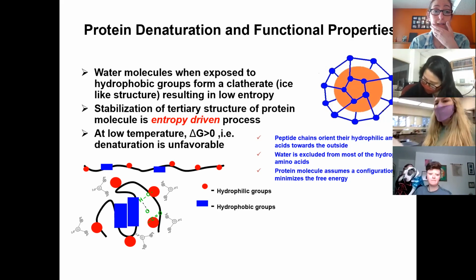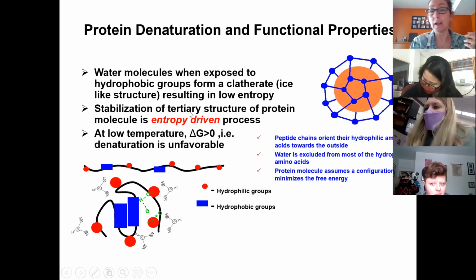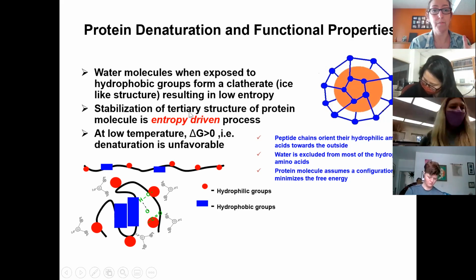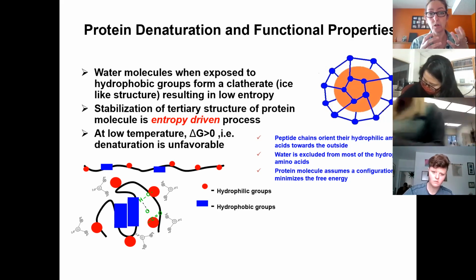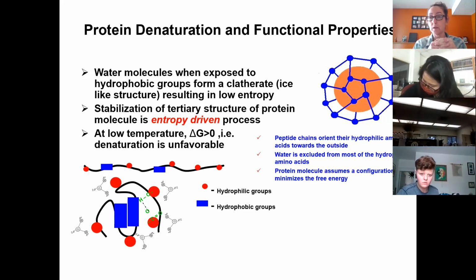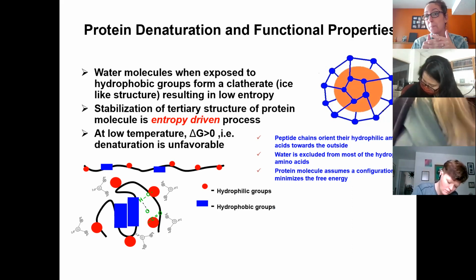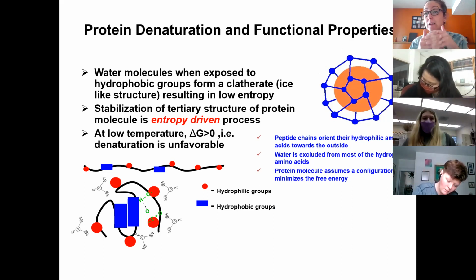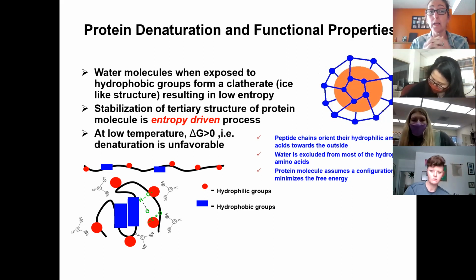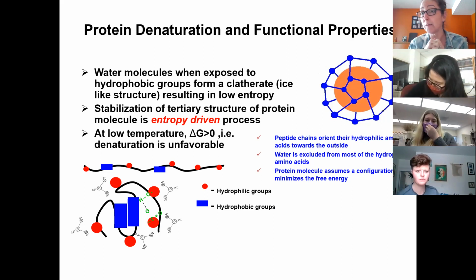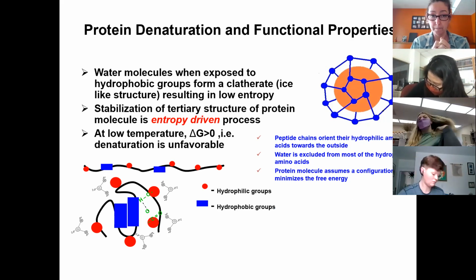The stabilization of the tertiary structure of protein is entropy driven, meaning you want to get rid of this chaos, and you contain this free energy by bonding until you reach the most stable form with the minimum free energy.